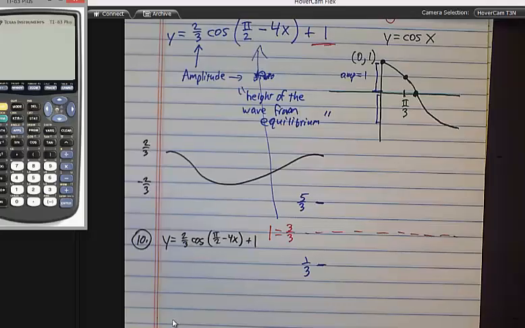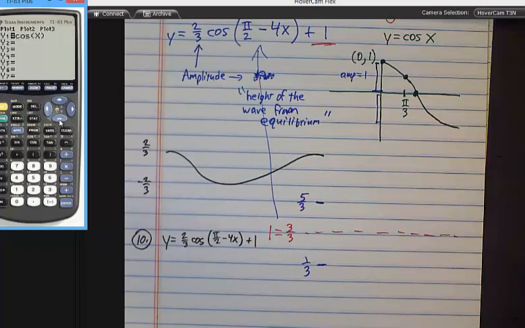I'd first like to graph cosine of x. And then the second thing I want to graph is this function right next to it. Okay? So let's see. On the y equals screen, let me just graph cosine of x, because that's kind of like the basic function.